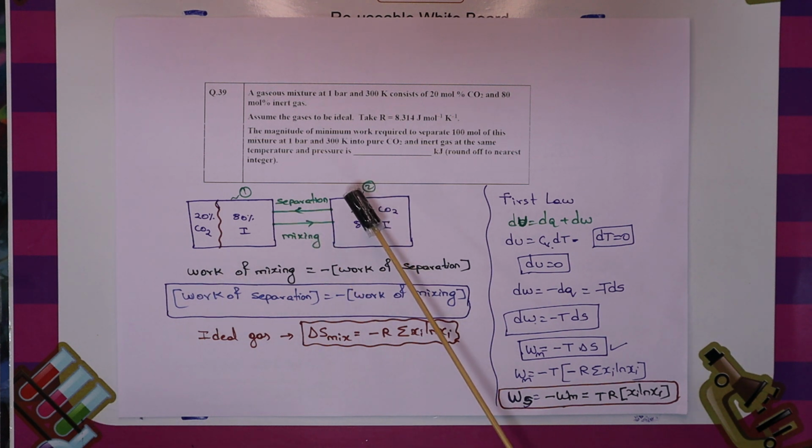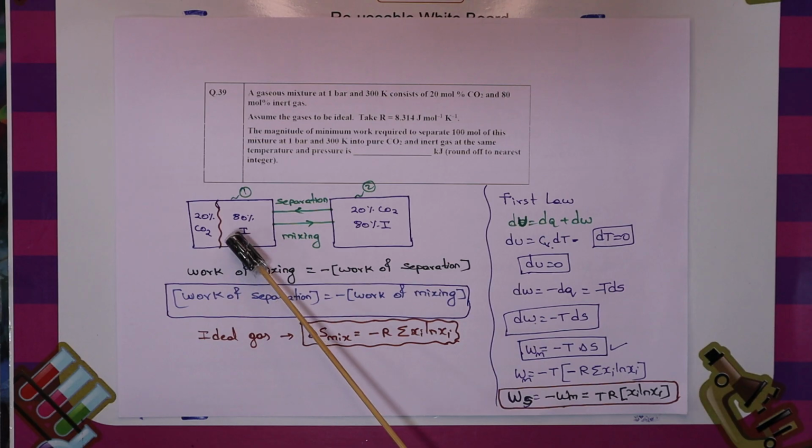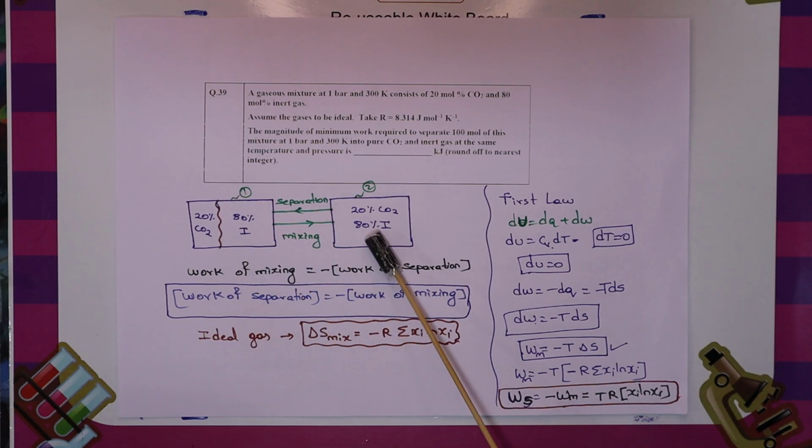How we are going to approach the problem is the reverse. Let us assume I have a container with CO2 separated from the inerts. I remove this membrane, and both will get mixed. That means if I do this path, I am getting the work for the mixing. On the other path, it's the work for the separation.